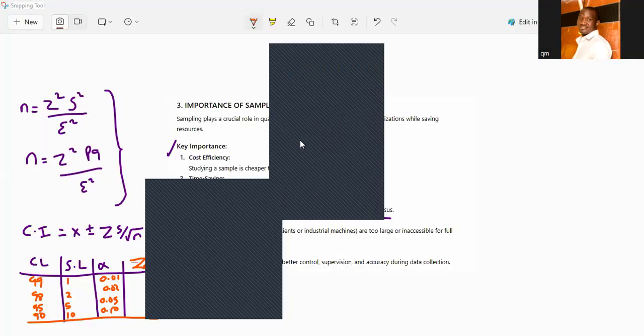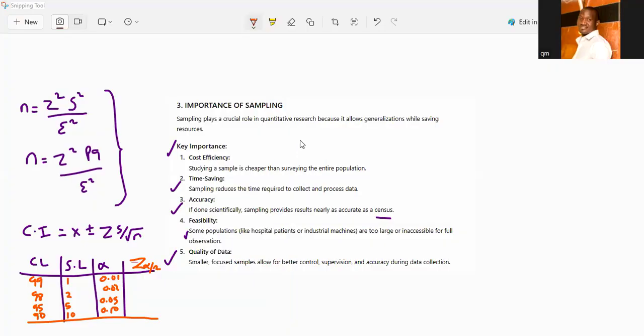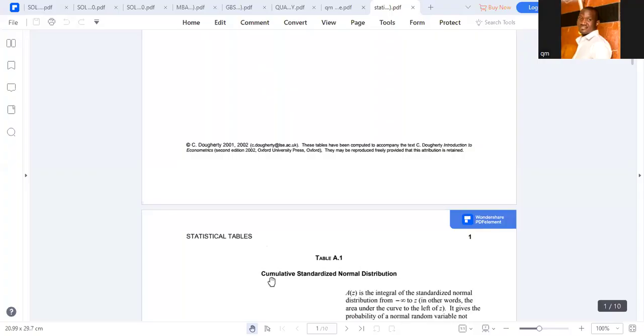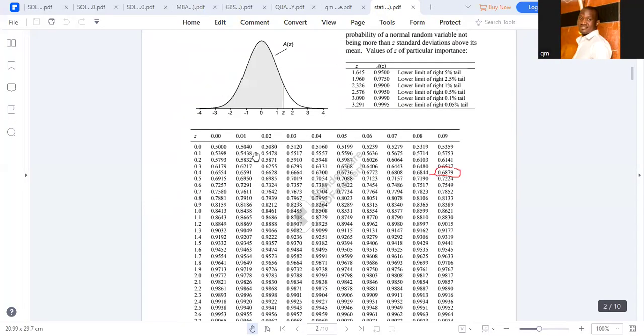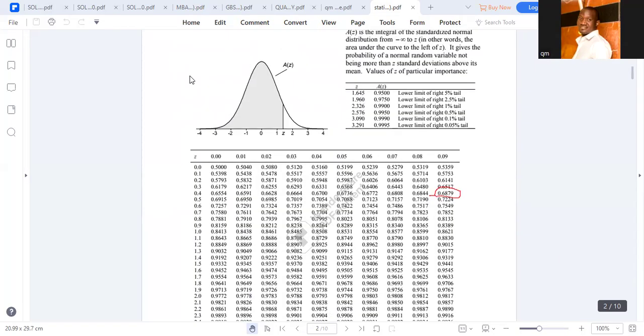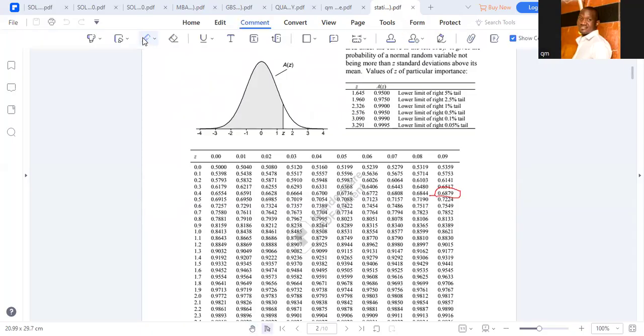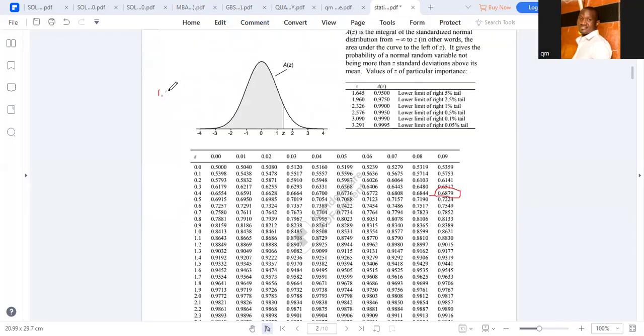Okay, so you can see the table. We understand that reading can be done in two ways. So you read from the horizontal to the inside here. So for the reading of a normal distribution table, for instance, if you have 1.25, you go under 1.2 and 0.05.